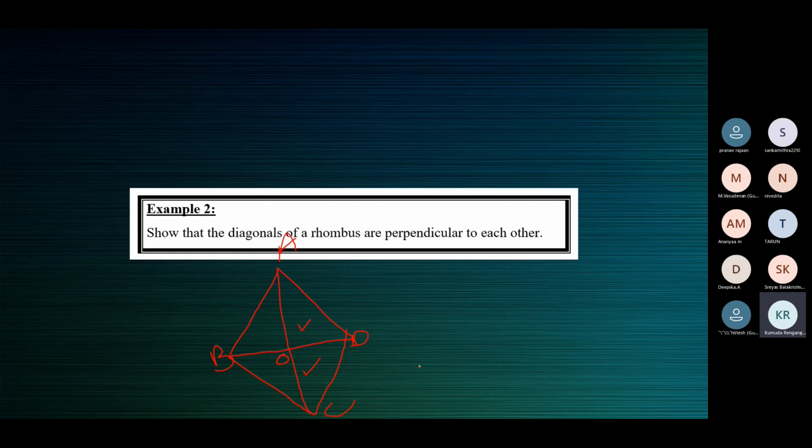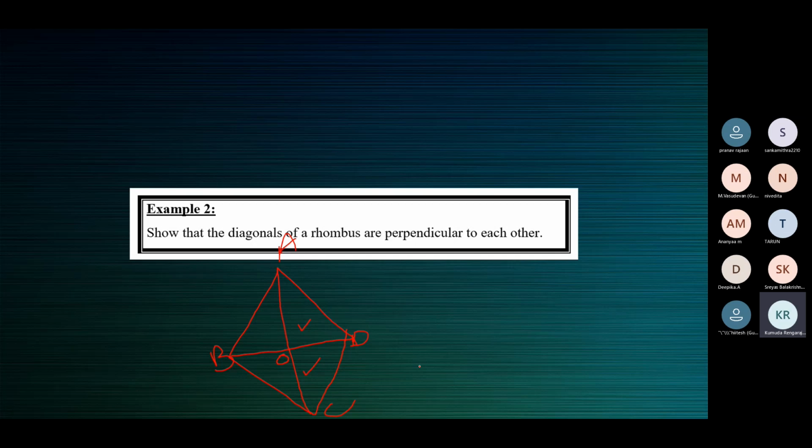Okay, OD is the common side to the two triangles, correct? Ma'am, and then both are 90. No, that we have to prove. Okay, no problem, you said one valid thing. OD is equal to OD, common side.